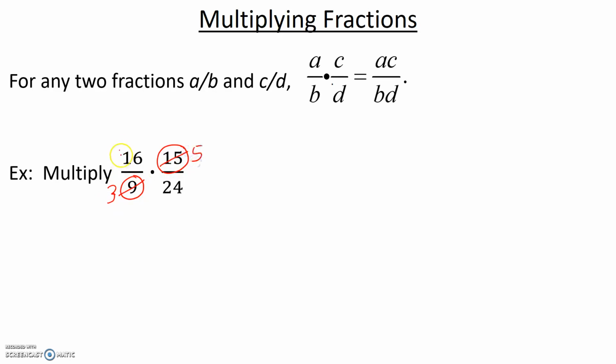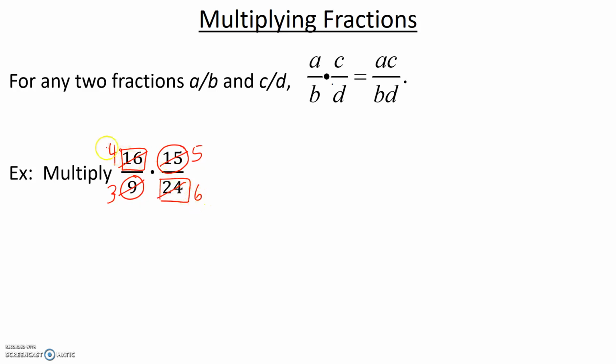Same thing with 16 and 24. We want to find the largest number that can divide 16 and 24. 4 goes into 16 4 times, 4 goes into 24 6 times. Now, look what happened. I made a mistake because 4 and 6 are not in simplest terms, which means there was a bigger number that could divide 16 and 24, which was actually 8. But it's okay if this happens.